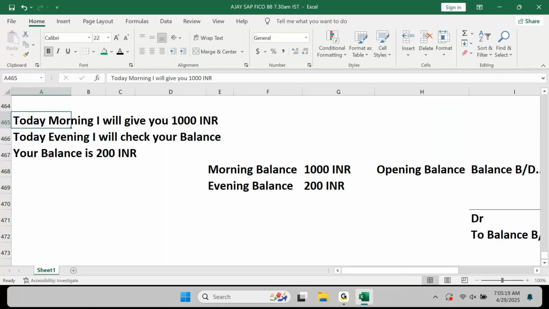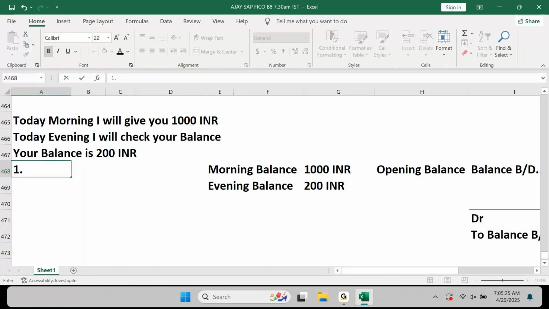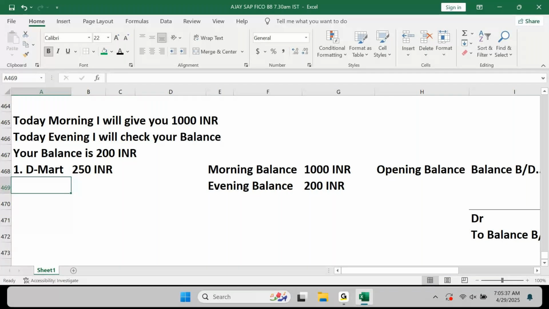Yes. Let's say I will write different things. Let's say point number 1, I went to DMart and then I purchased somewhere around 250 INR. In DMart, I spent 250 rupees. And point number 2, let's say I had juice for 50 rupees.